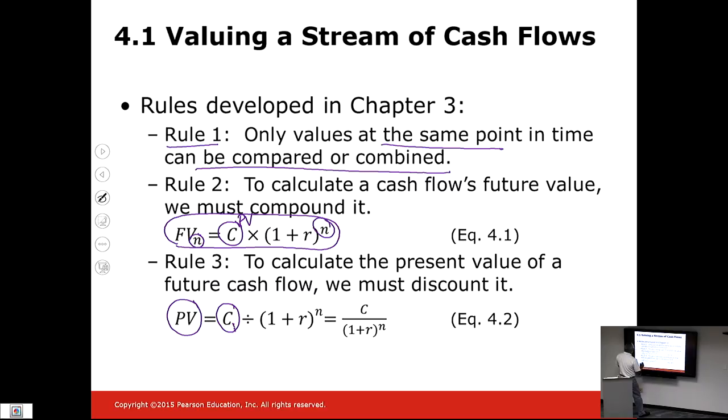I would rewrite this as Cn divided by 1 plus r to the power n. Or instead of C, I would write the future value at period n divided by 1 plus r to the power n. So there are different ways in which these formulas can be written. Just be mindful of what these formulas are telling us and try to understand what these formulas are doing for us, and not treat the financial calculator as just a black box.